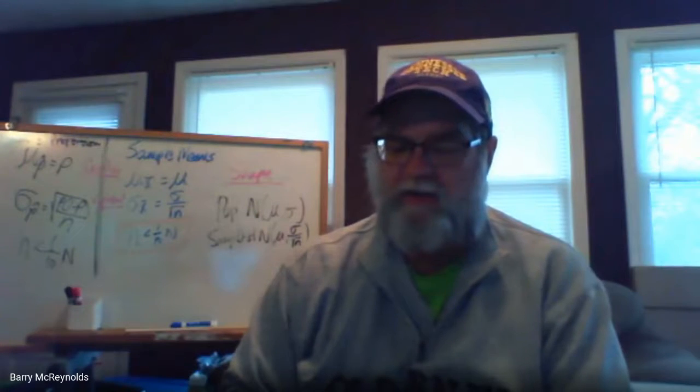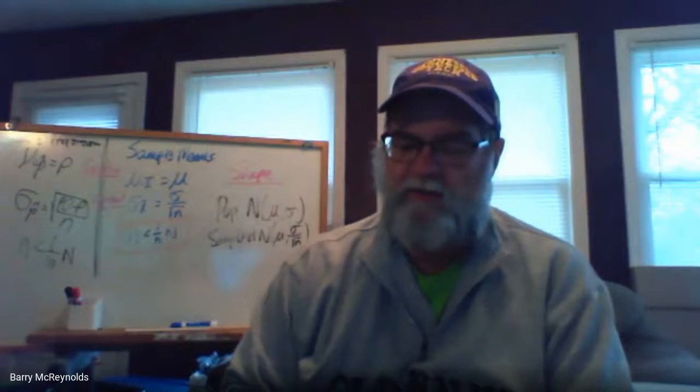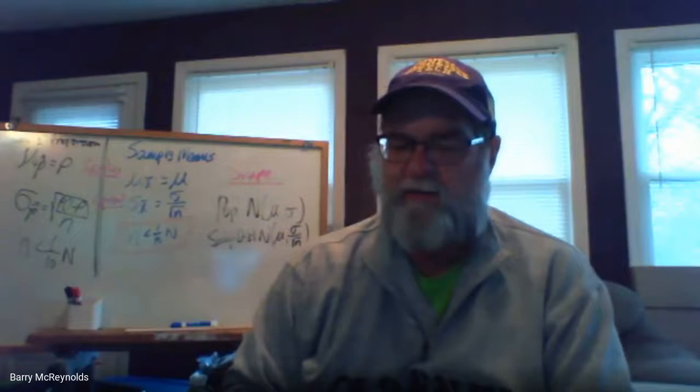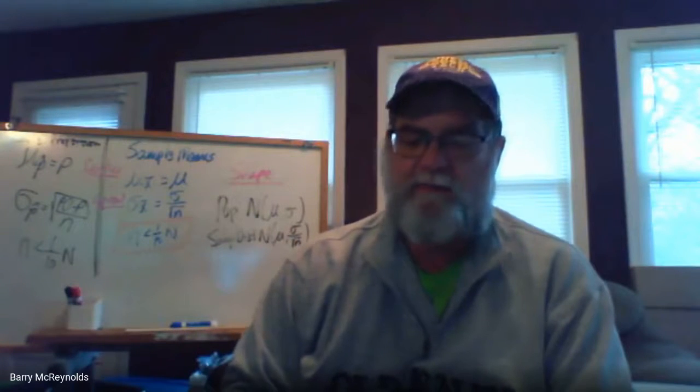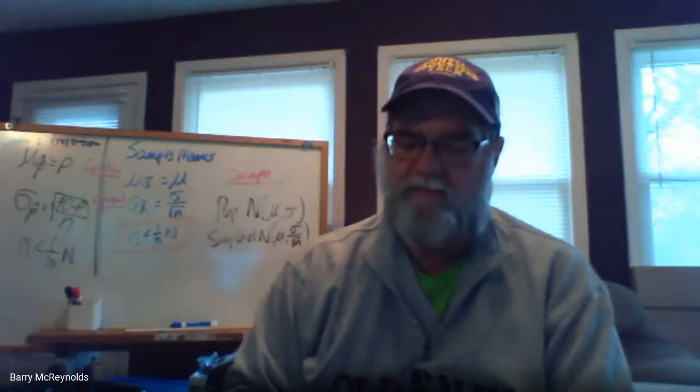But the first part, part A, that's really straightforward. We're just going to take our value X as 66.5, use that to calculate a z-score, 66.5 minus 64.5, all that divided by 2.5 gives us a z-score of 0.8.